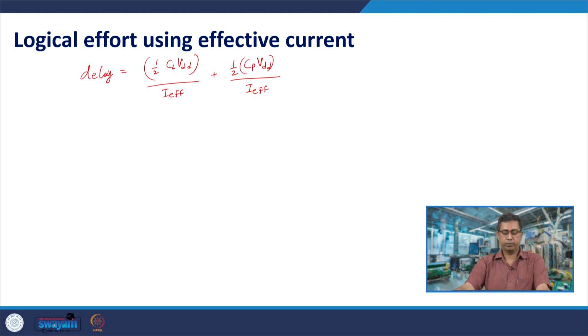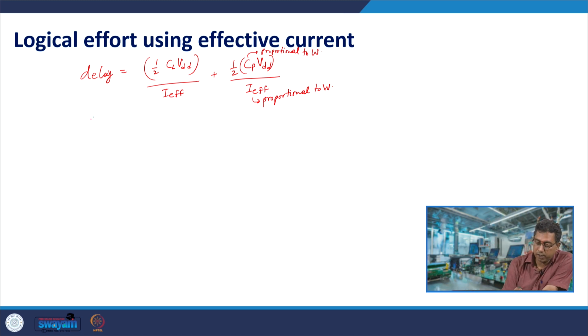And we know that Cp and I effective, the parasitic capacitance and I effective, are both proportional to transistor width ideally. So, therefore, this would come out as a parasitic delay.